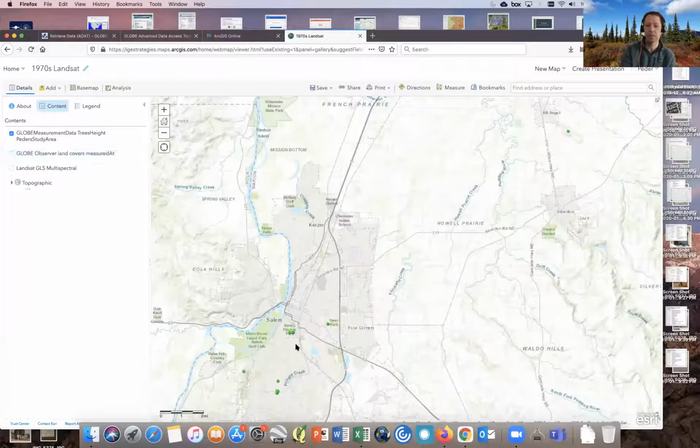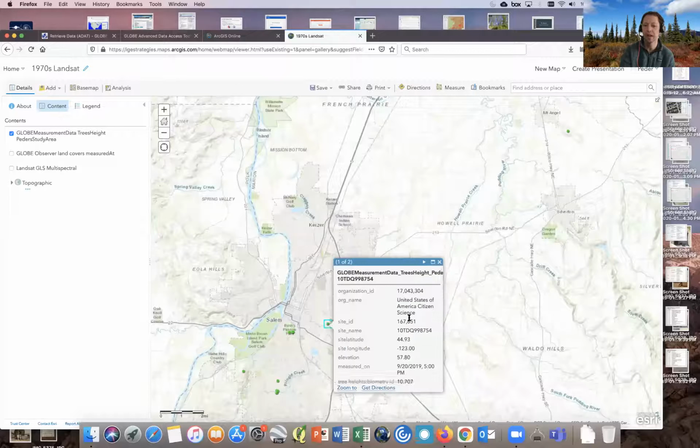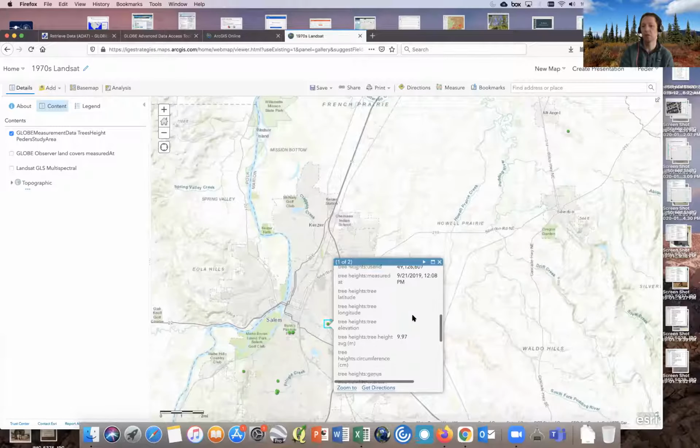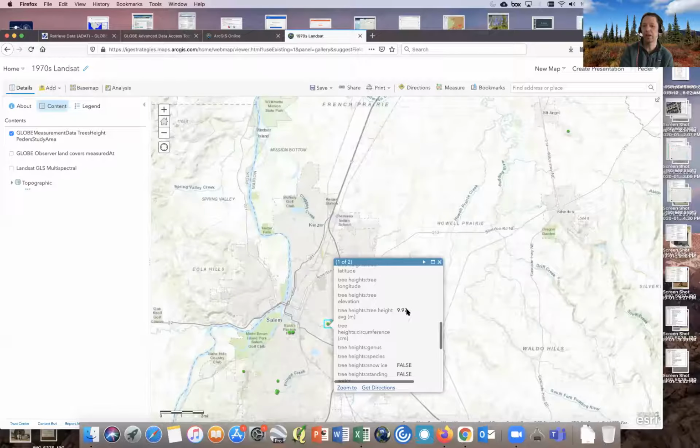But now you can actually see on this base map where those tree heights were measured. And if I click on them, here you can actually see some of the different information that's associated with that. We can see this particular tree that we're looking at is 9.97 meters tall.